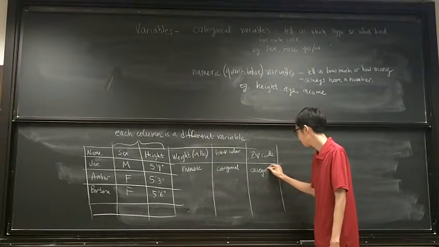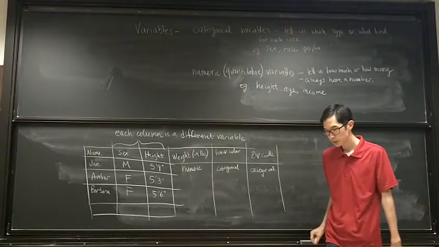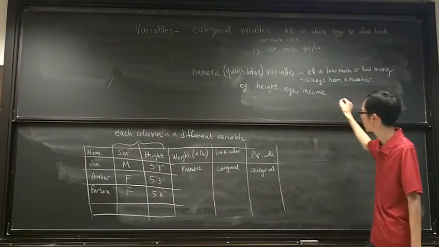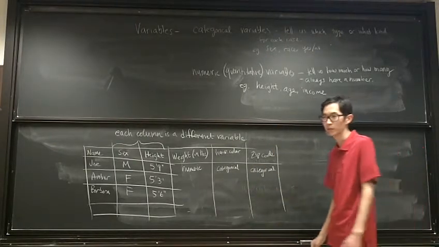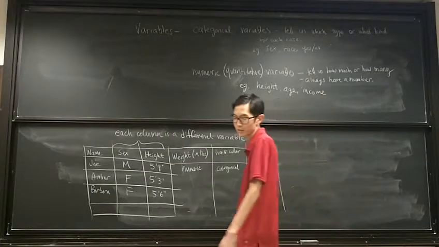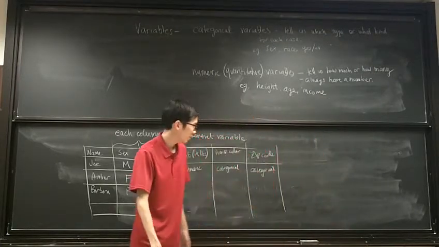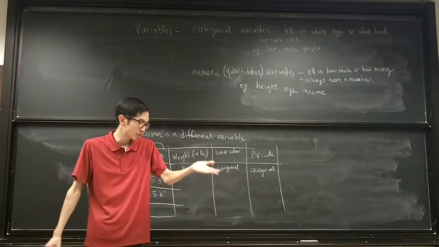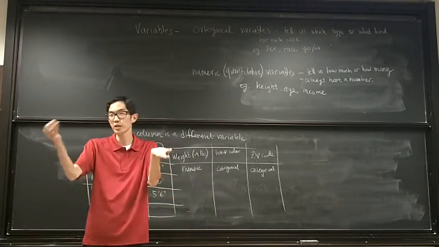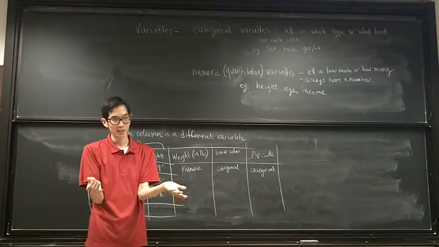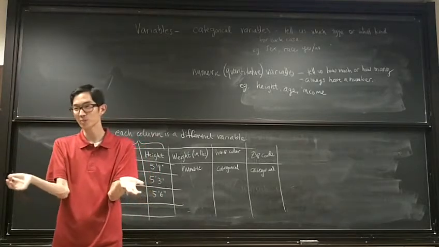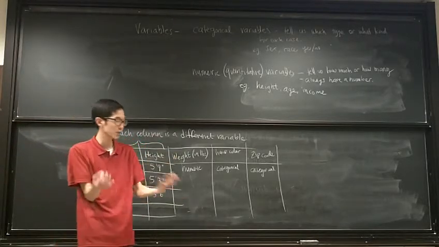It's a number, but it doesn't answer the question how much or how many, okay? It doesn't make sense. You would never ask how much zip code do you have, and you would never compare two people and say this person has 20 more zip code than this person, okay? It just doesn't make sense.